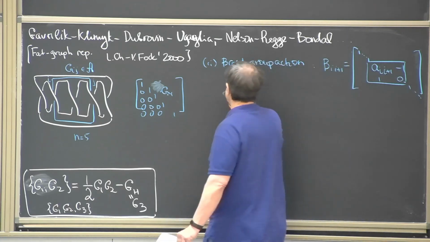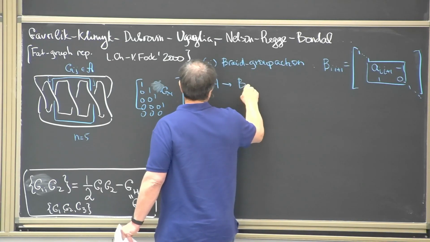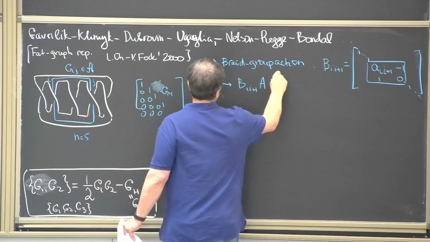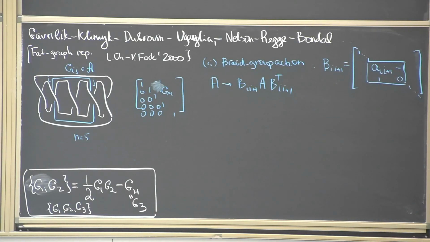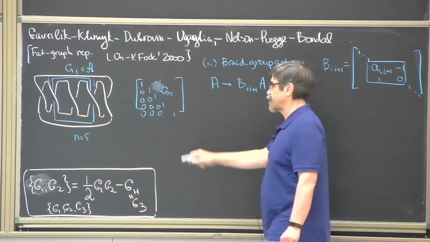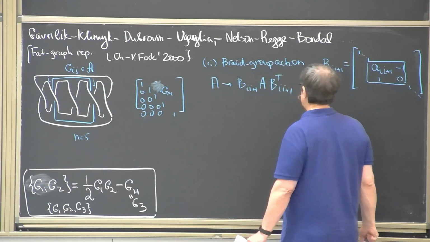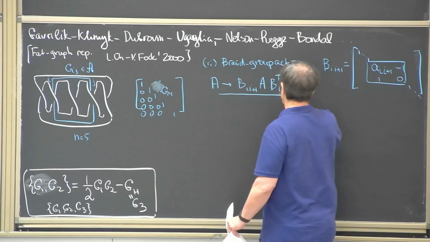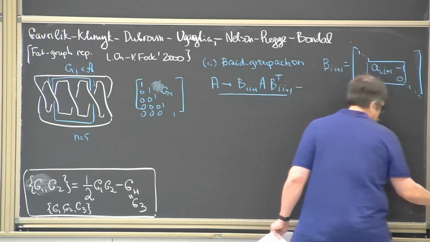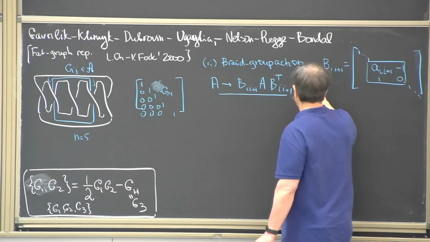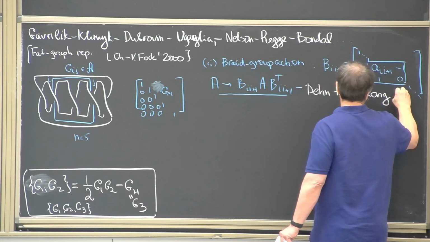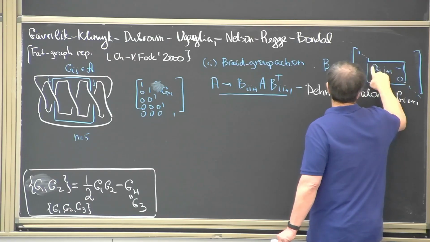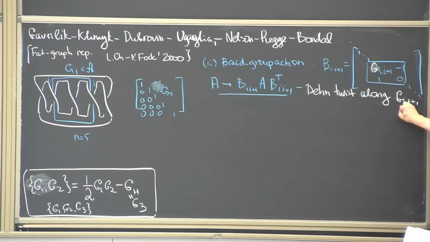Then, first, this matrix is compatible, so it's actually a matrix from the corresponding symplectic groupoid. And second, this transformation on a geometrical level corresponds to the Dehn twist along the corresponding geodesic G on the Riemann surface.